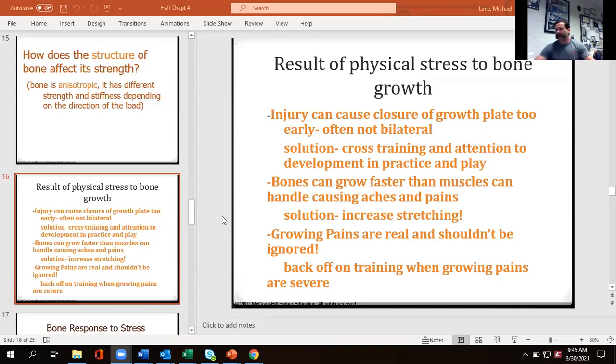Now, one thing that is fascinating for folks that hit a real hard growth spurt is they can get to the point where they're growing so quickly they're going through what some call growing pains. And this is usually because the bones are growing faster than the muscles can handle. So the muscles are going to start to get tighter and tighter and tighter.